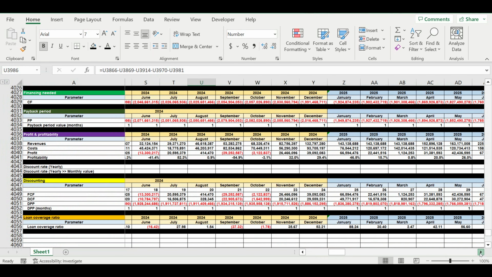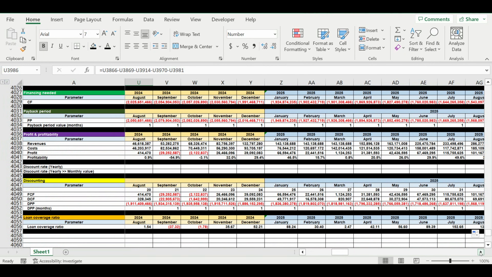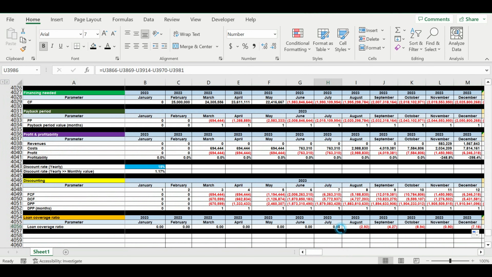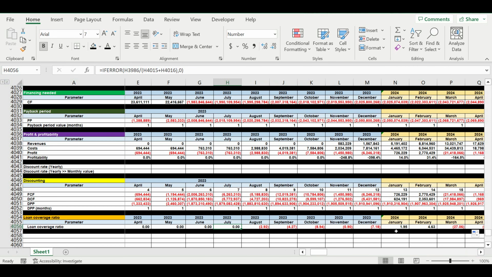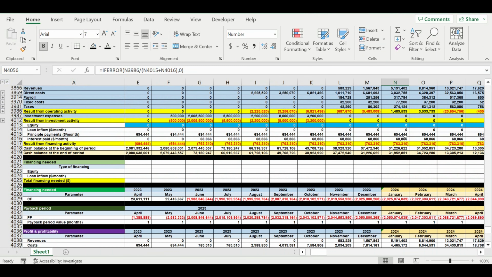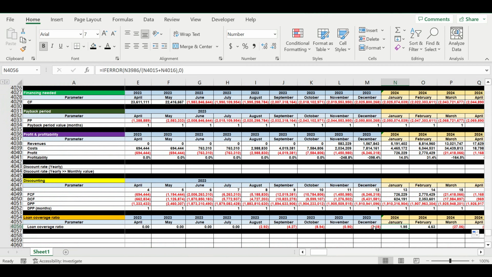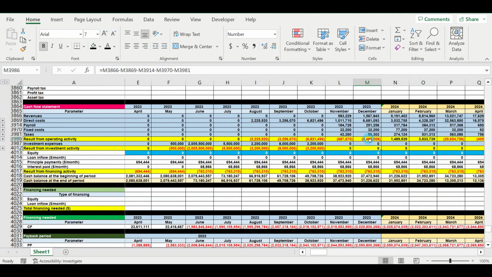For example, here it means that the operating profit is twice as big as the amount of payments that we pay to the bank. If this ratio is negative, this means bad, because even the operating profit is negative.